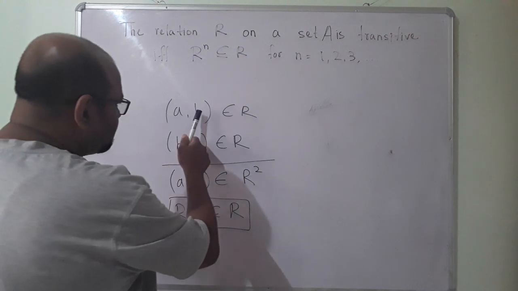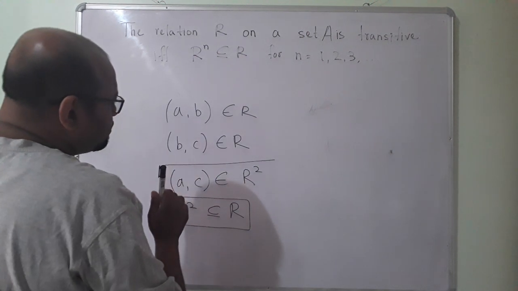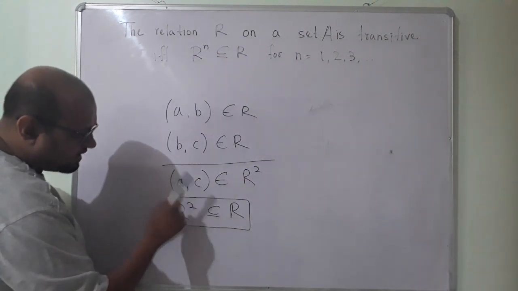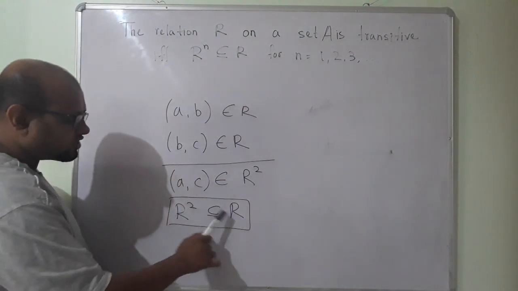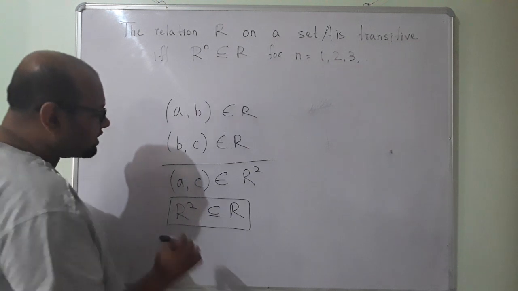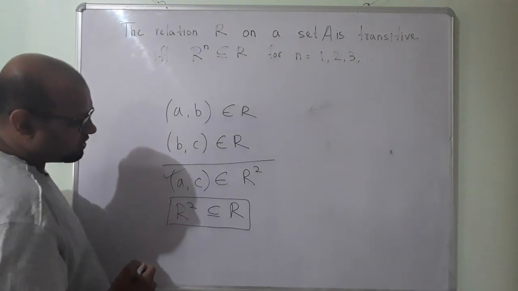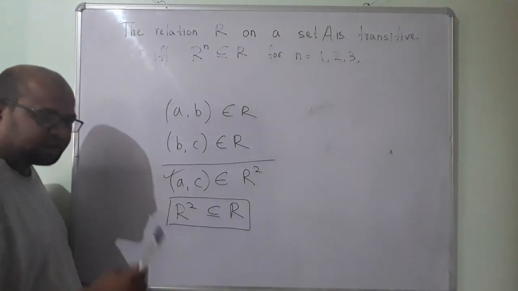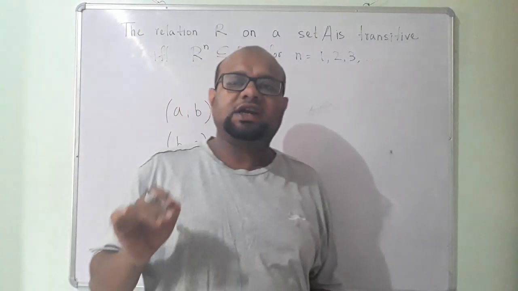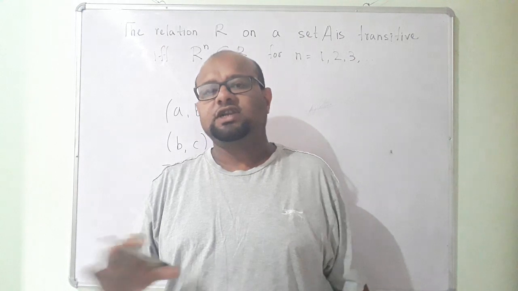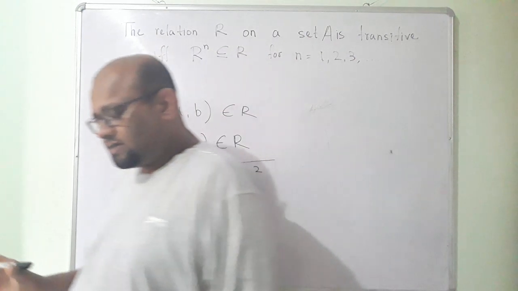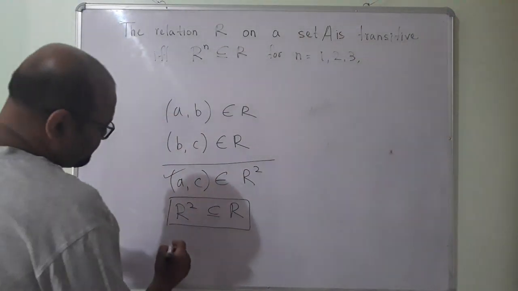So if this and this belong to R, then this also belongs to R. Why? Because this belongs to R square and R square is a subset of R. So that is how we have shown it by looking only at R square. We are not going to look further. Looking at R square is sufficient. We know that R is transitive.